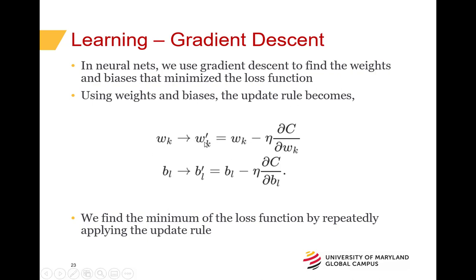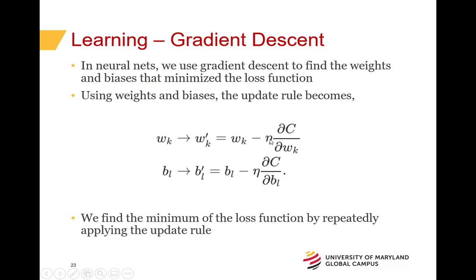This is effectively the same thing that we discussed for the single neuron case. For the weight change, w prime, the updated value of the weight, we take the difference of the current weight for that neuron and eta times the gradient.